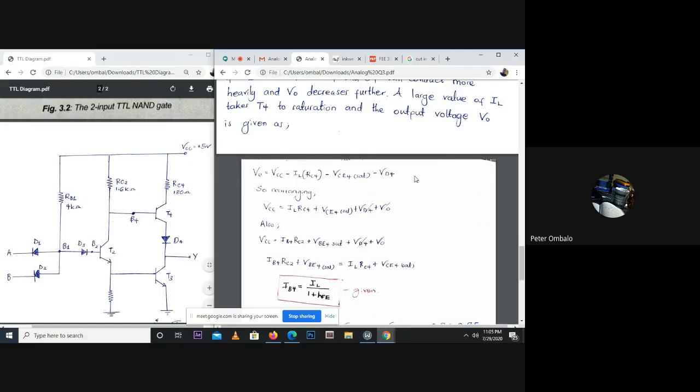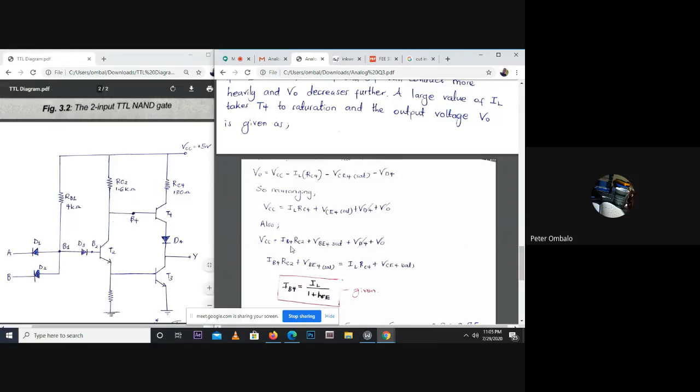If we rearrange this, we have VCC as our subject, and it's going to give us this. Also, considering a second path through the base of the transistor T4, there's going to be a drop at resistor RC2.